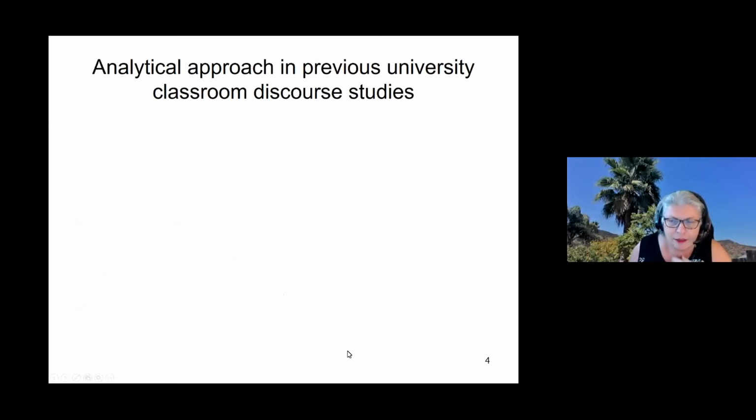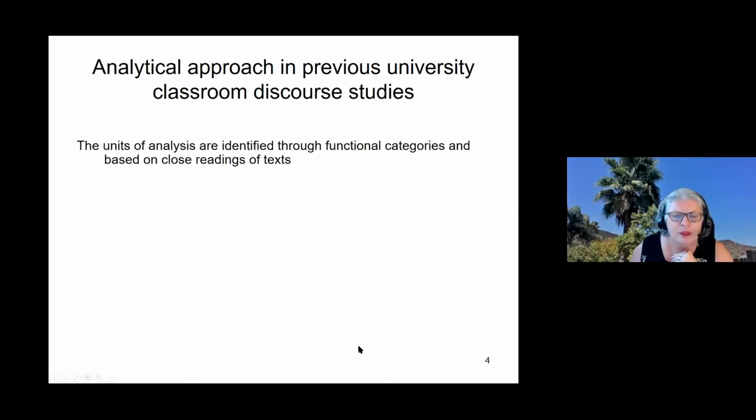Now, the analytical approaches in previous studies were different from what we are doing in corpus linguistics, and I'll illustrate that today. The units of analysis have been identified through functional categories, based on close readings of text. So what do I mean by that?